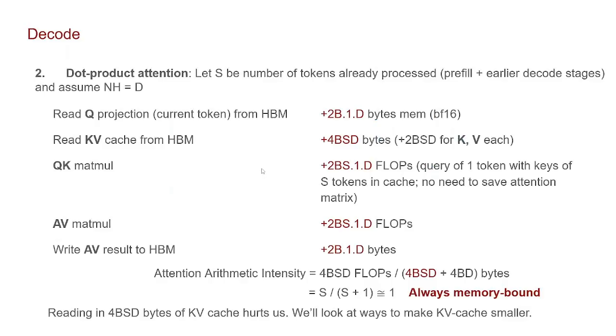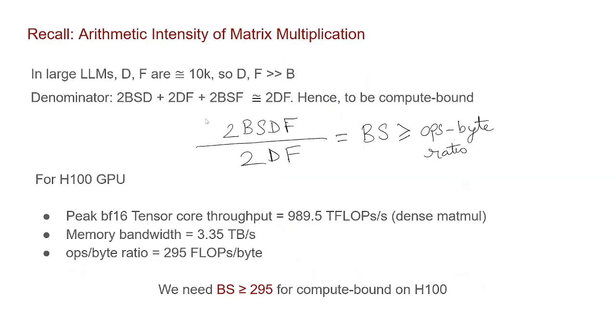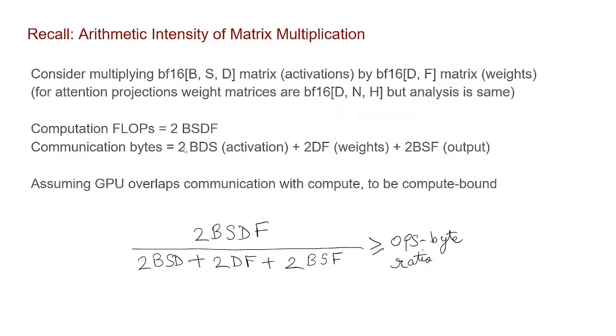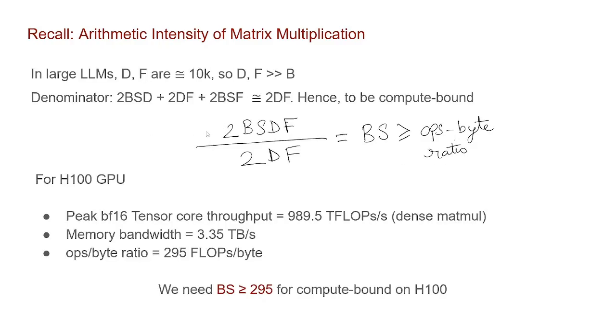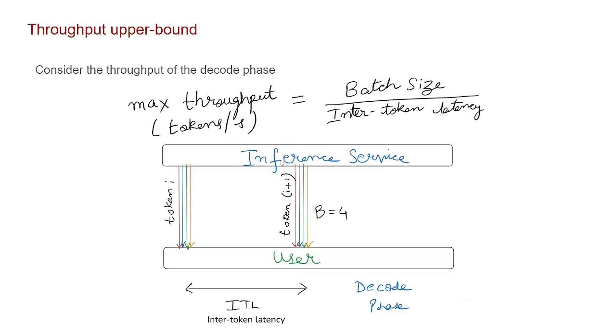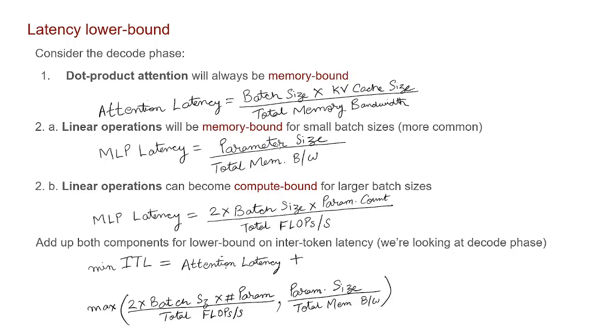And we do this because if we go back to this calculation, we saw that we transfer activation bytes and output in linear projection, but because we assume that D and F are much bigger than S, the denominator came to be 2 times DF. So DF is the number of parameters and 2 is for FP16. So whatever the parameter size is, divided by the memory bandwidth.